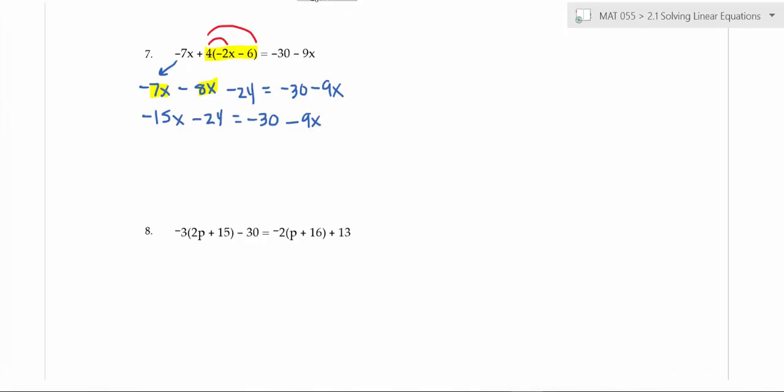Okay? So what I'm going to do on this is I'm going to make the decision that I want all of my x's on the left side. So I'm going to take this, and I'm just going to write this down. And I'm going to take this x, and I'm going to move it to the other side. Since that's subtracting 9x, I'm adding 9x to both sides. So I'm going to put a plus 9x there.